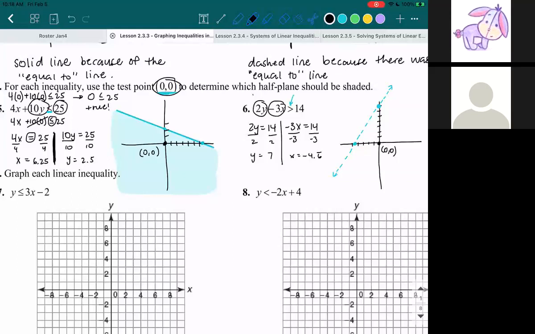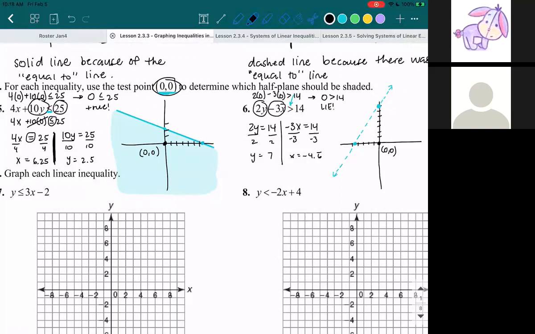I'm going to say 2 times 0 minus 3 times 0 is greater than 14. And so what is 2 times 0 minus 3 times 0? That would be giving us this statement. 0 is greater than 14. So is this true? Is 0 bigger than 14? No, right? This is a lie.